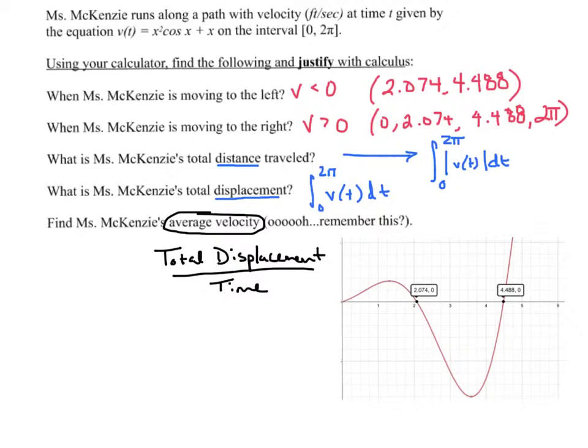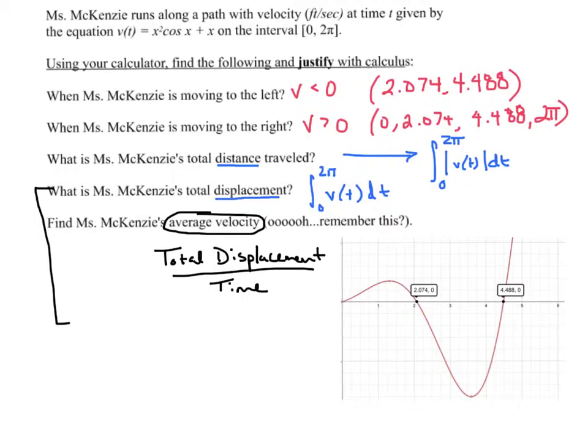So we just figure out how far she went and divide it by how long it took. Well, that of course would be this answer right up here, and as I said, I think it's about 32 or 33, and then we could divide that by 2 pi.